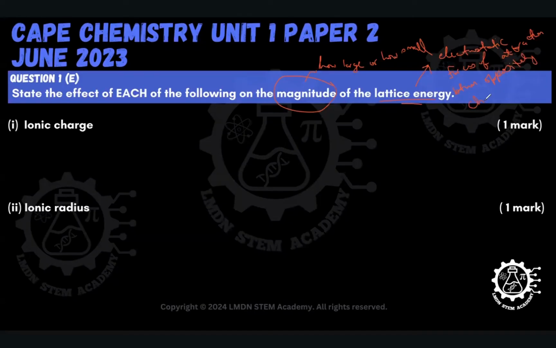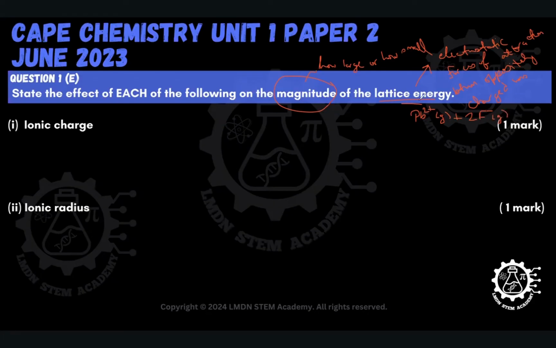Because if you remember, what we showed for the formation of PbF2 was that what we would be putting together would be the Pb2+ in the gas phase, plus the 2 moles of F- ions in the gas phase.